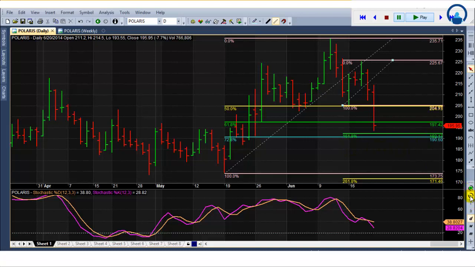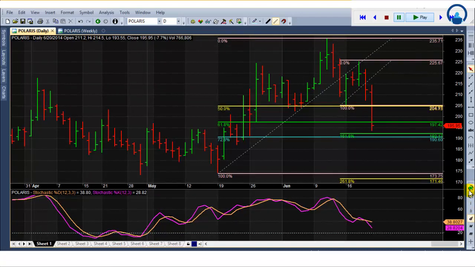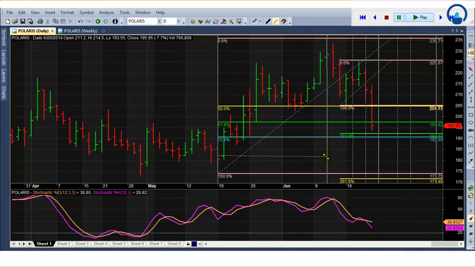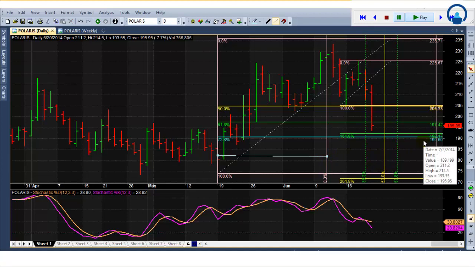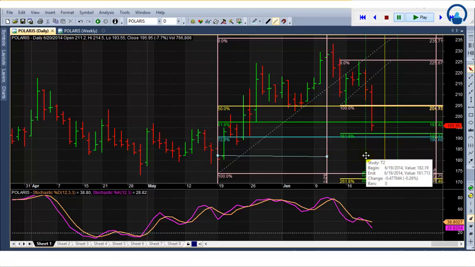My next step is plotting time ratios. So I'll use this from this point to this point. We have three suggestions. First one is a low will be made at 19 June. Second one is a low made at 24 June.